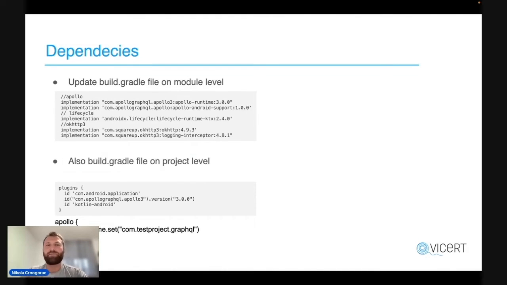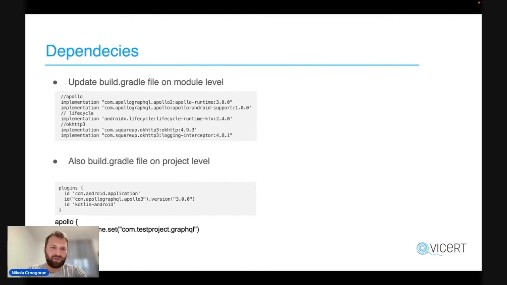After we set all of the initial stuff, so we have the playground that we use and we have the plugin, first of all, we need to go to the build Gradle file on the module level and insert the dependencies to work on it.